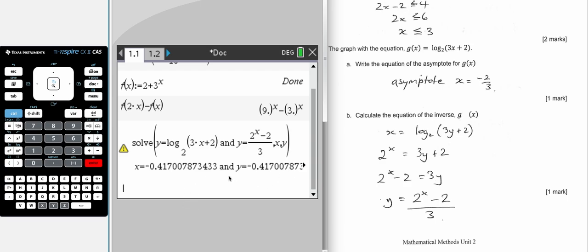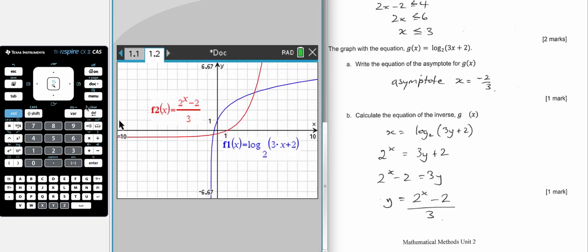And here's my first point. If I can't see them all, I can just put the cursor in there and move along. There's my second point. The graph will show you the same thing as well.